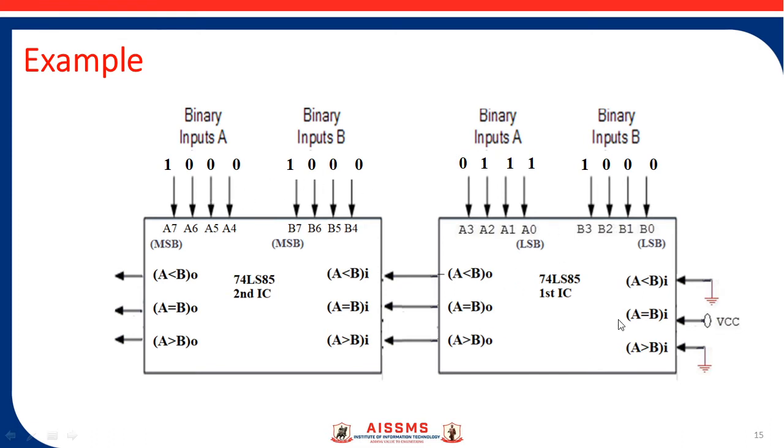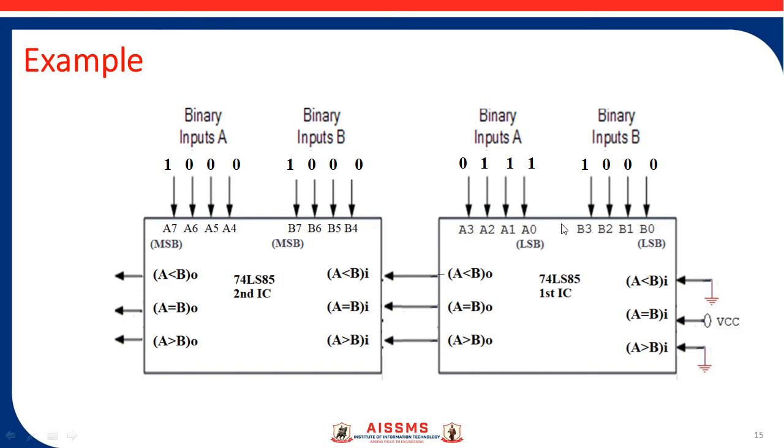Now the first IC will compare the lower 4 bits, that is, it will compare the MSB first, that is A3 with B3. Here A3 is 0, B3 is 1, so A3 is less than B3.